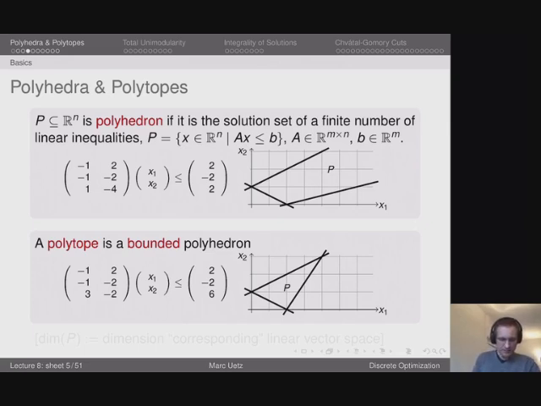So a subset P of R^n is a polyhedron if it's just the solution set of a finite number of linear inequalities.